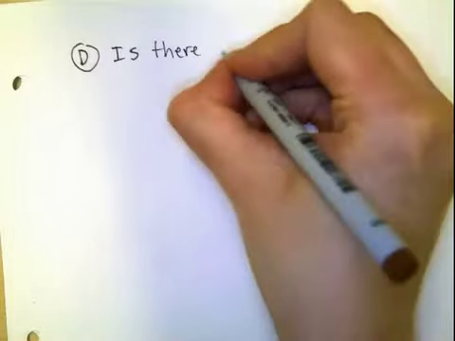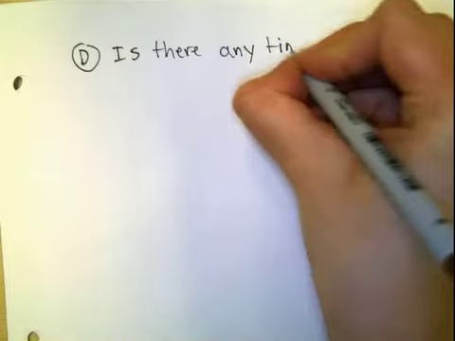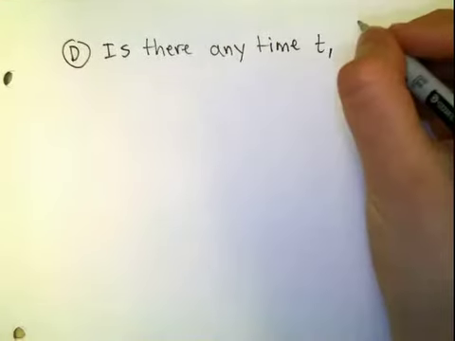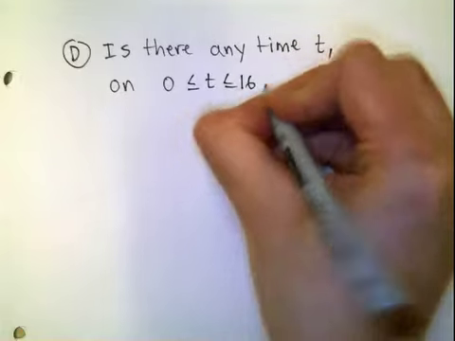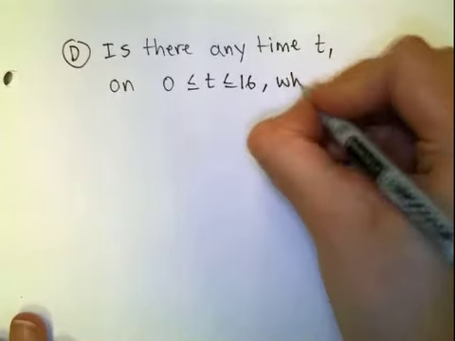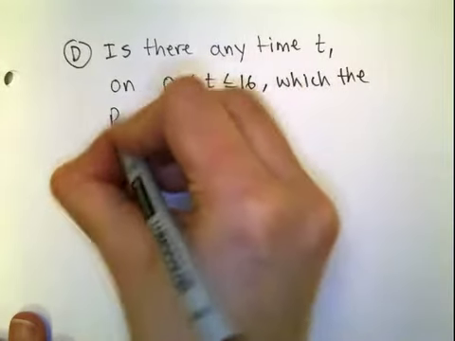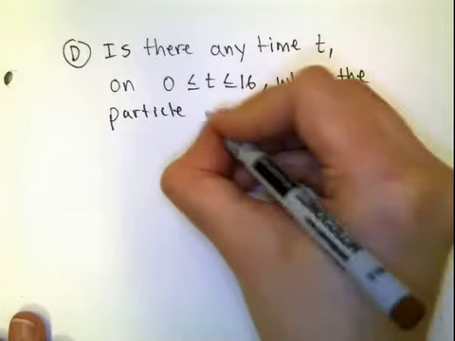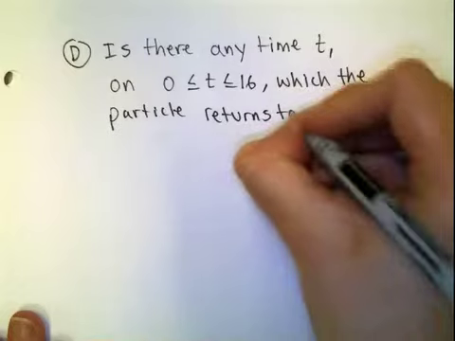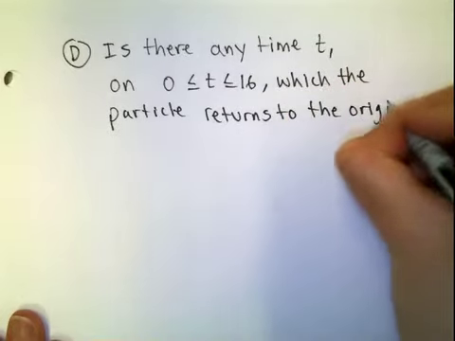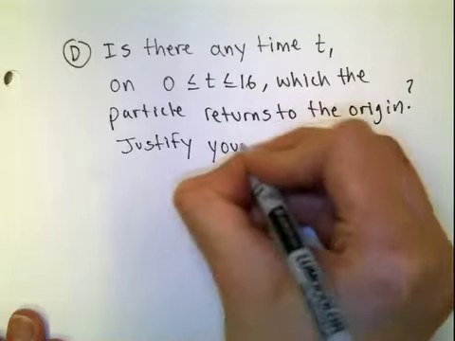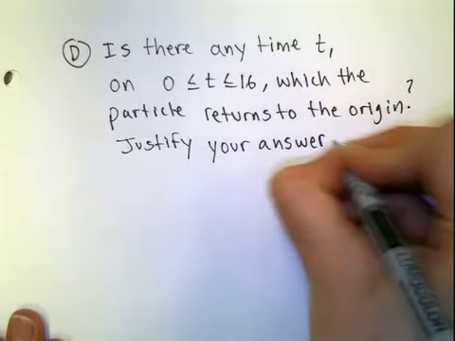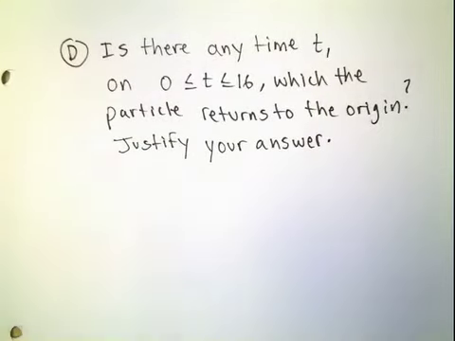Is there any time, which I'm going to say t, on the interval 0 less than or equal to t less than or equal to 16, at which the particle returns to the origin? Justify your answer.